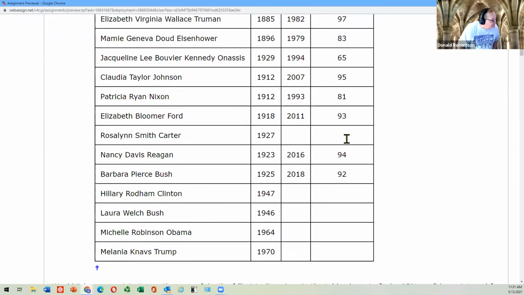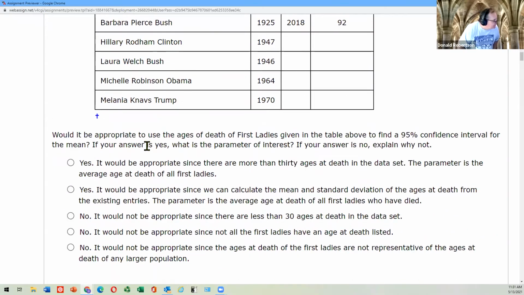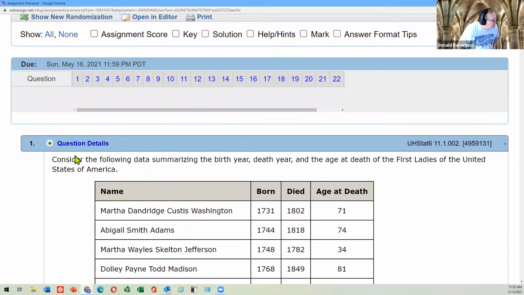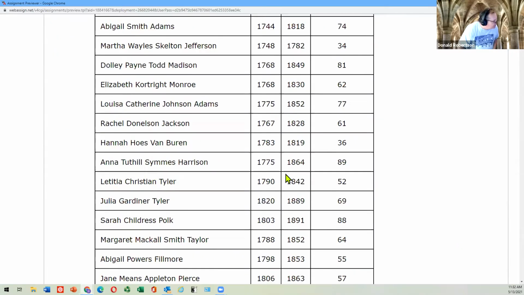So it's nice to know that they're not all dead, right? Would it be appropriate to use the ages of death of first ladies in this table and to find a 95% confidence interval for the mean? Well, what will we be using this table to collect data on? Consider the following data summarizing first ladies of the United States.